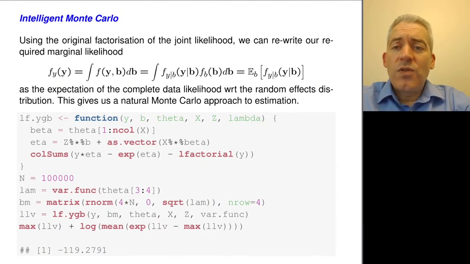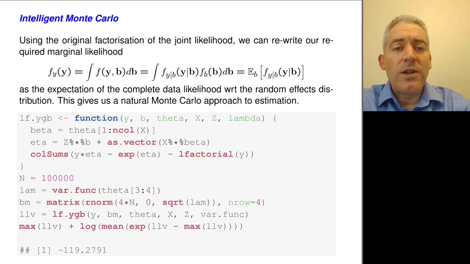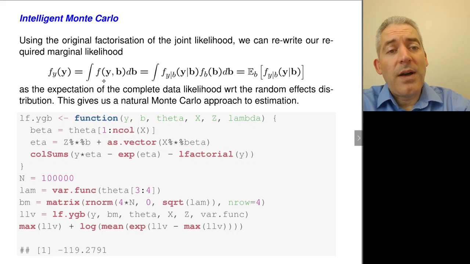So in the introduction to importance sampling, we mentioned that very often there's a slightly more intelligent version of Monte Carlo you could do, which will sometimes work better, although sometimes it will work worse as well. And that's very much applicable here, so I wanted to mention it. We've got our observed data likelihood that we're interested in. That is obtained by marginalizing out B from our joint likelihood. Our joint likelihood, we've already said, can be written as the product of two terms: the term corresponding to the random effects, and then the so-called complete data likelihood, which is evaluated conditional on the random effects.